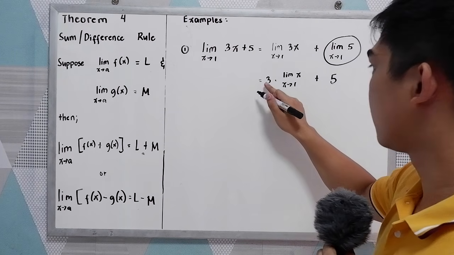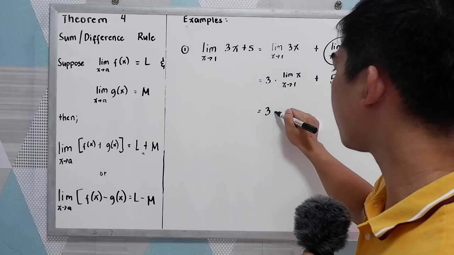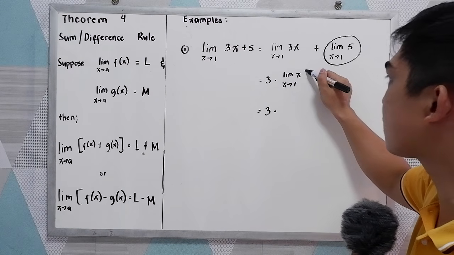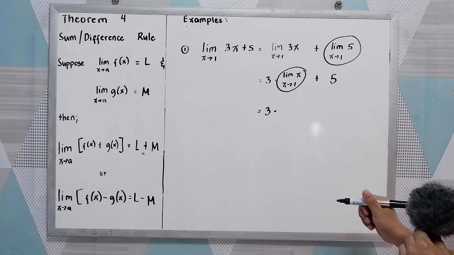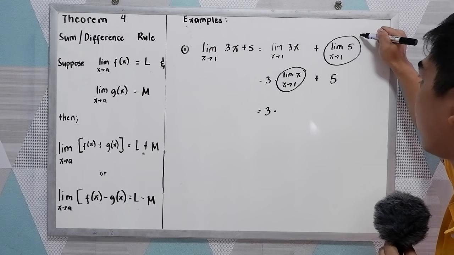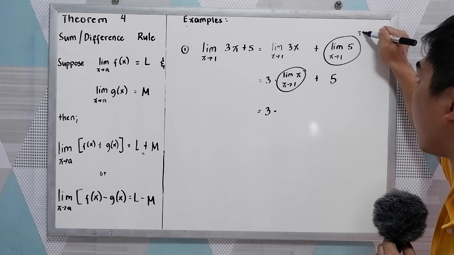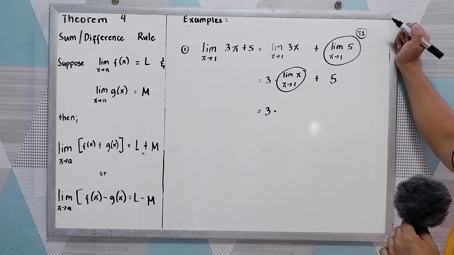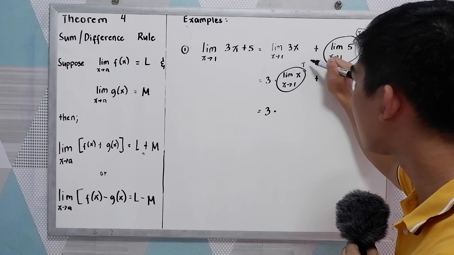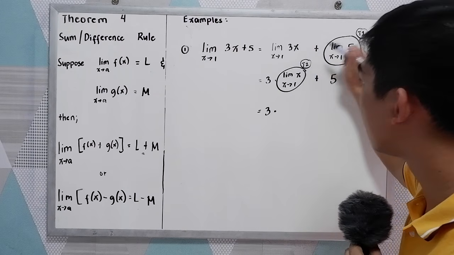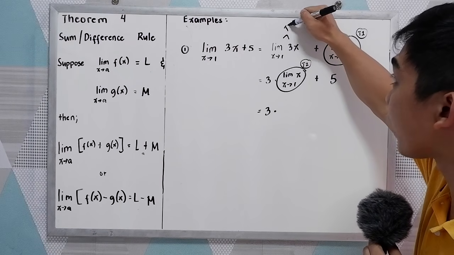Okay? Next, we have 3 times. In this case, we're going to apply theorem number 2. I will write here, use theorem 1. In this case, use theorem 2. And in this case, theorem 3.